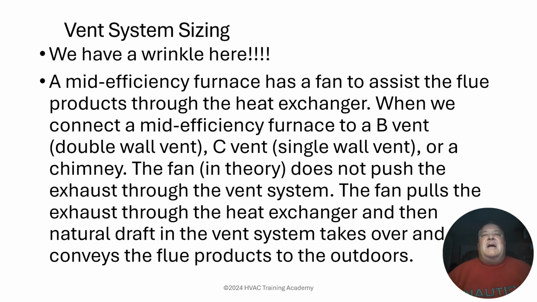But if a customer still had a B vent from the old appliance, let's say, or had a chimney, we could line that chimney and actually hook up the mid-efficiency furnace to exhaust either through the chimney or through the B vent at that point.